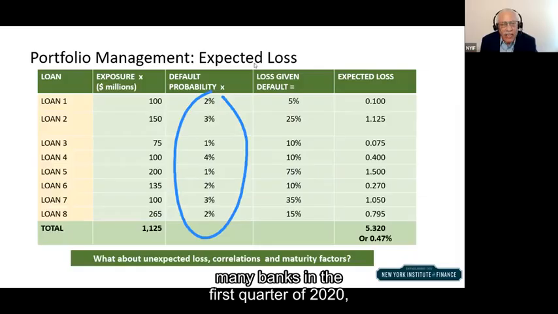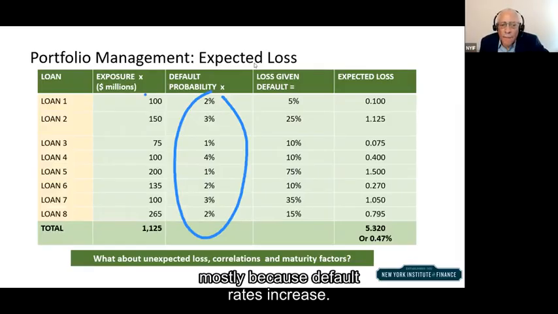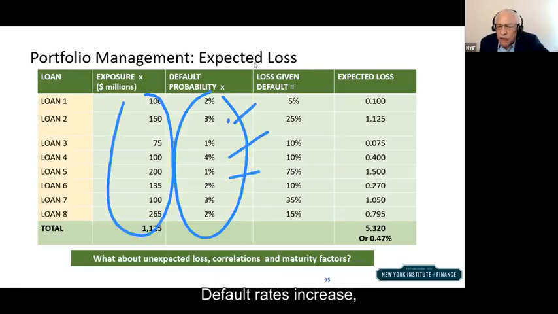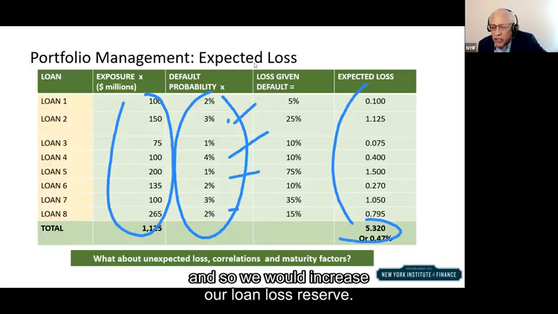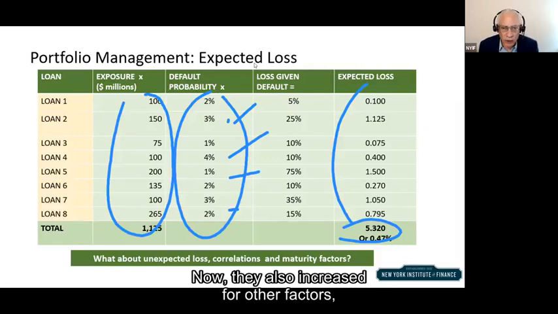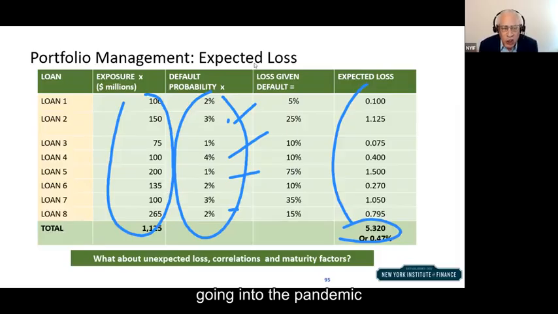Many banks in the first quarter of 2020 increased their loan loss reserves mostly because default rates increased. So therefore the expected loss will increase, and so we would increase our loan loss reserve. Now, they also increased for other factors, but it had to be a very important factor as we were going into the pandemic in the first quarter of March 2020.